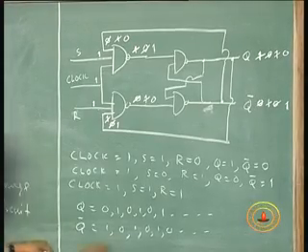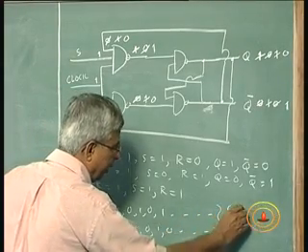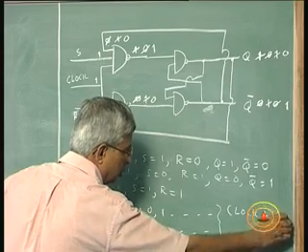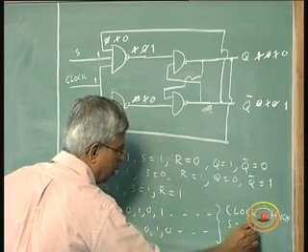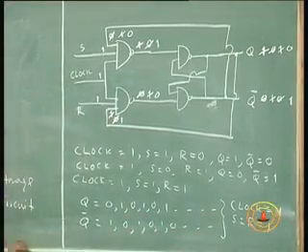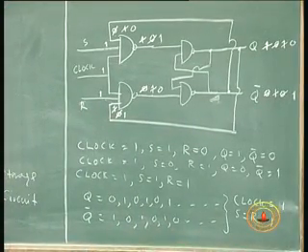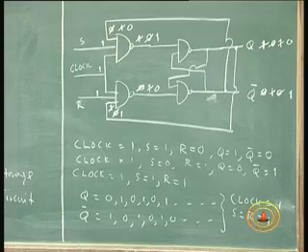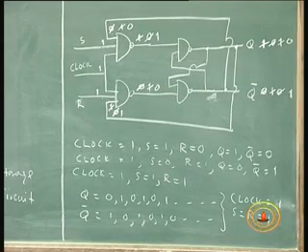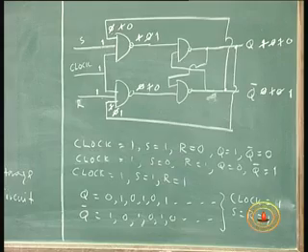Of course, I am assuming clock is high, S equal to R equal to 1, clock is 1. The forbidden state of S equal to 1, R equal to 1 has now been converted into a state in which the output keeps changing all the time.